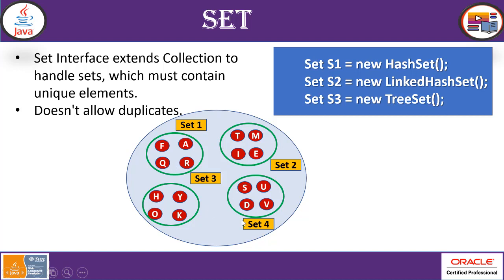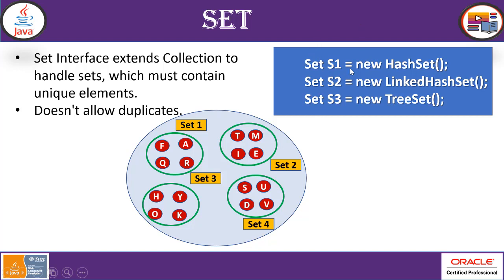The only condition in case of set interface is that it does not allow duplicates. All the letters in each group are not repeated, they are different. Set 1 includes A, R and Q, F. This type of functionality helps you in storing the data and performing any searching and sorting algorithm, which by default considers that it is not repeating.